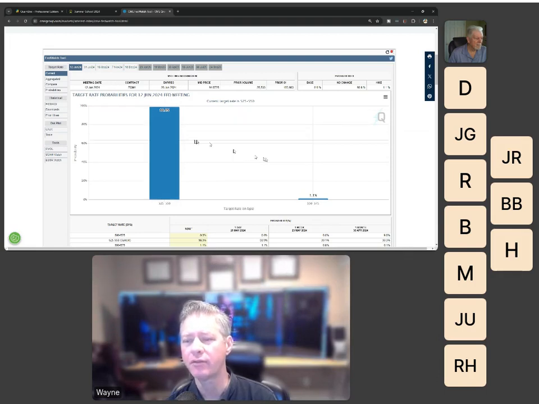This is private lending between banks. And we're looking at the price of short-term loans.